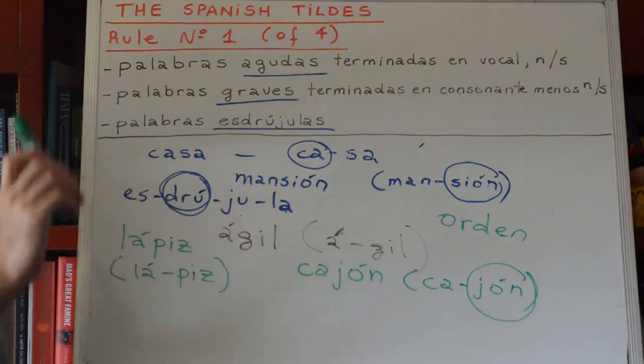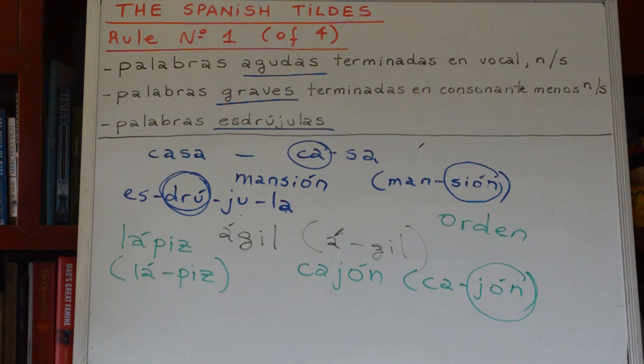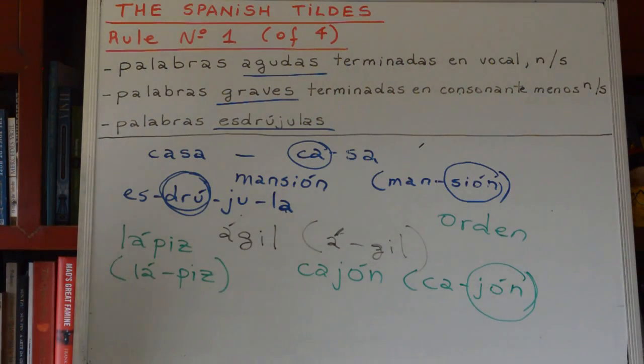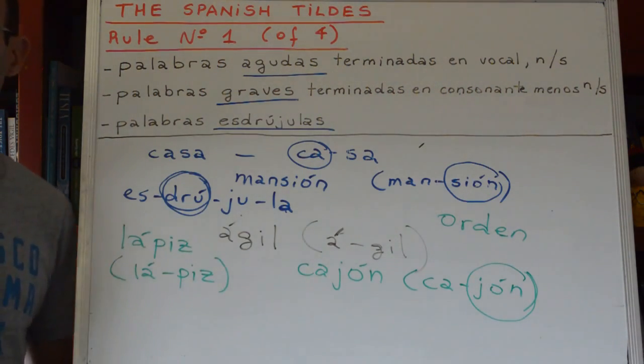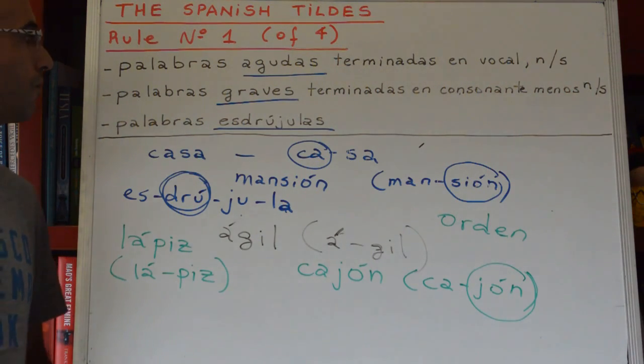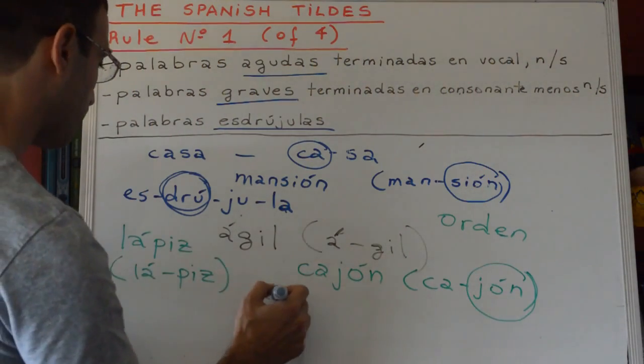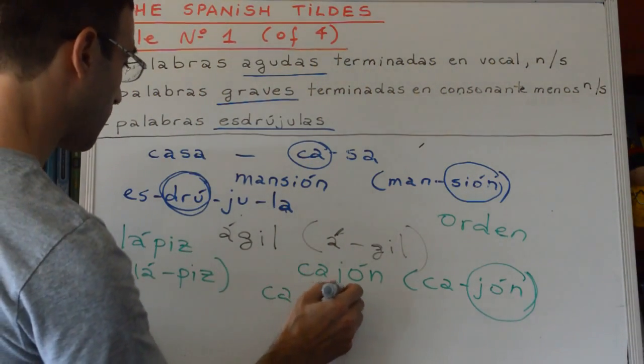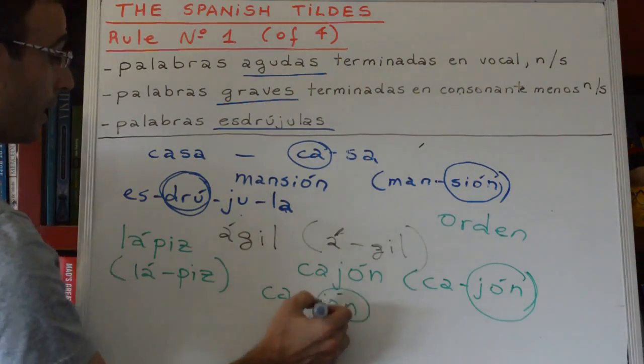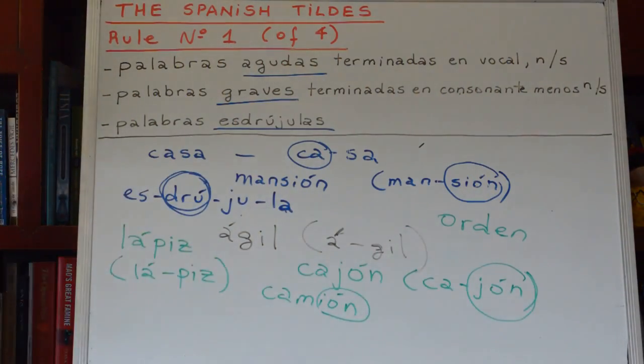Aguda that does not carry a tilde. Let's think of one. Hey, I can think of one now. Camión carries a tilde because it finishes with N, same as cajón.